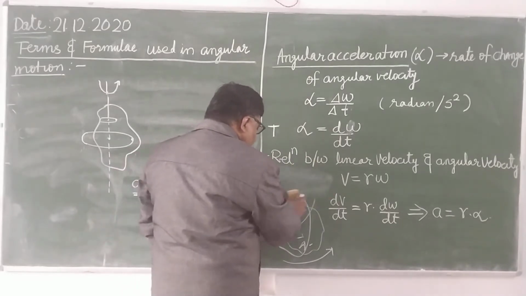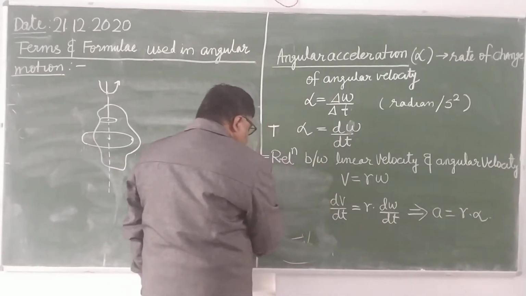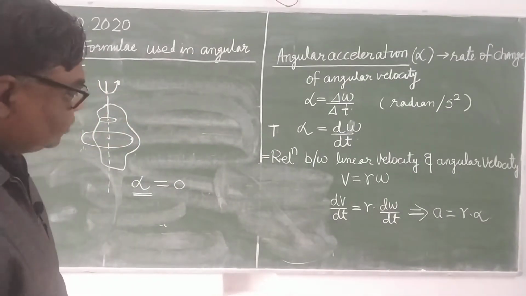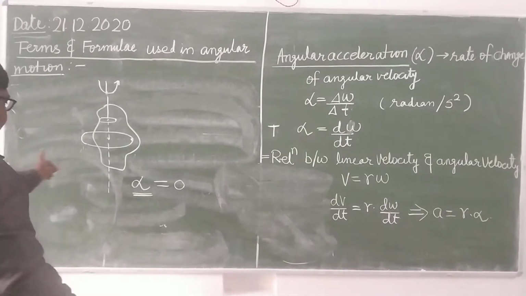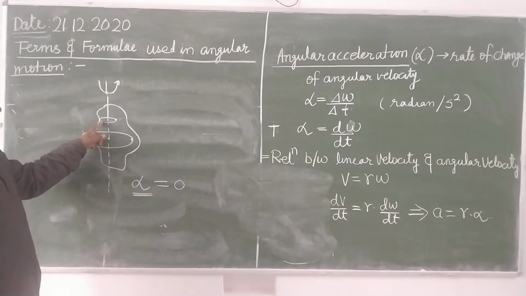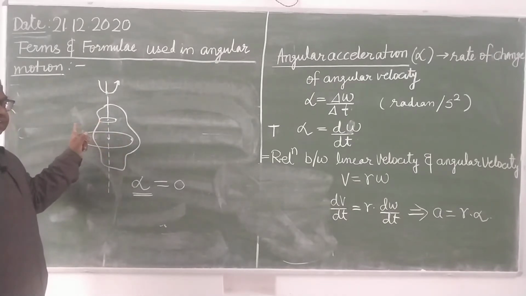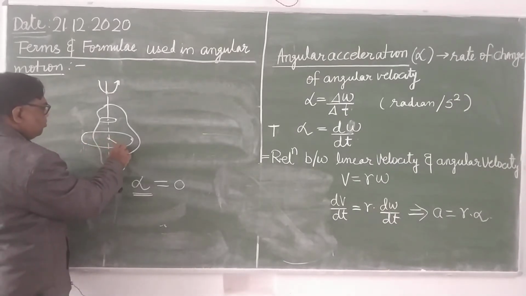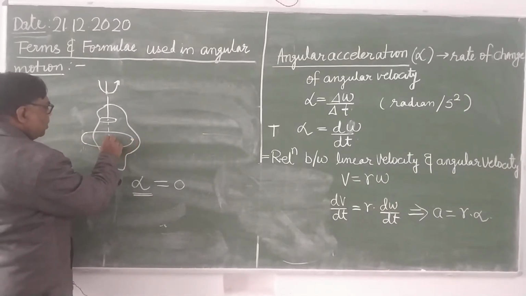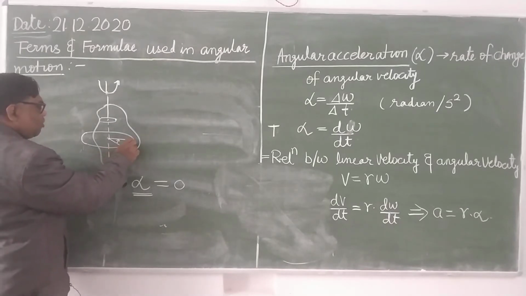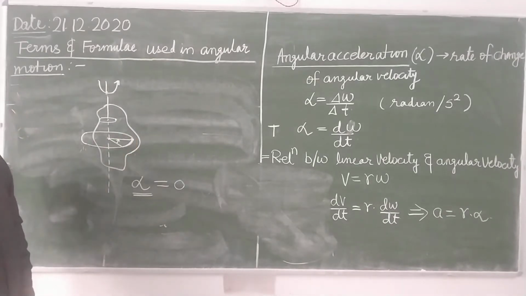Now one more thing that you already know, you have studied in uniform circular motion: when a body is rotating about an axis, every particle is describing uniform circular motion. And when every particle describes uniform circular motion, besides moving through some angle about the axis of rotation, it will also cover some distance over the circular path.